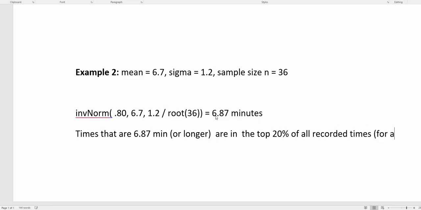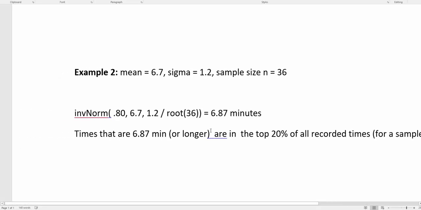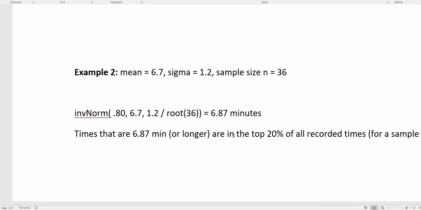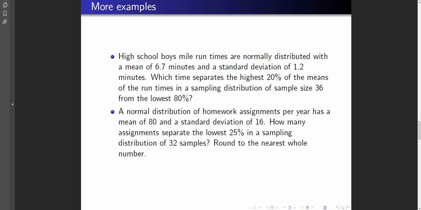This is for a sample of 36. That's our computation and interpretation. So remember, when you are asked to compute a percentile, that's the inverse normal function. Let's do one more problem and we should be done with this part of the lecture.